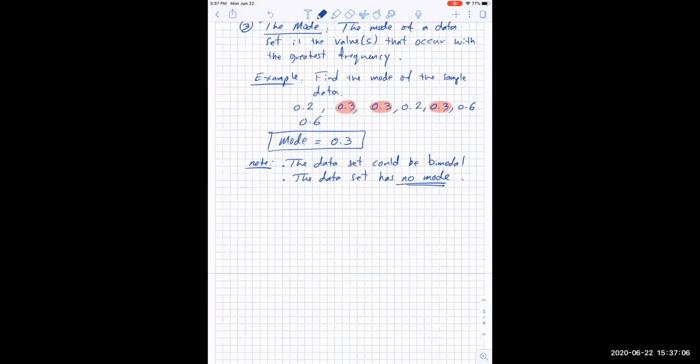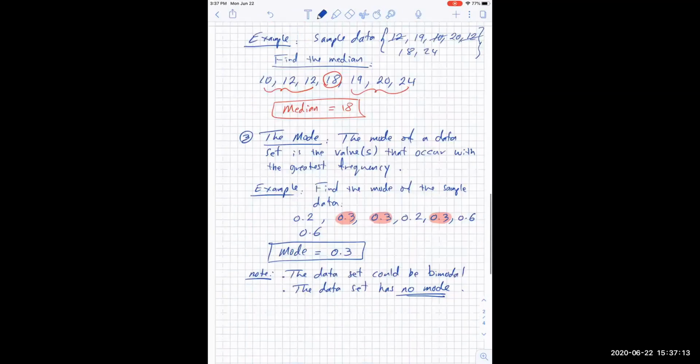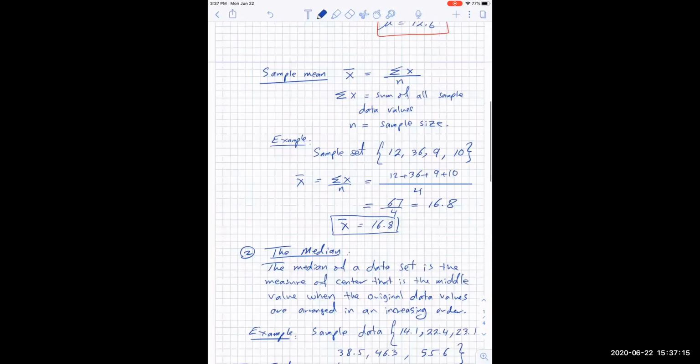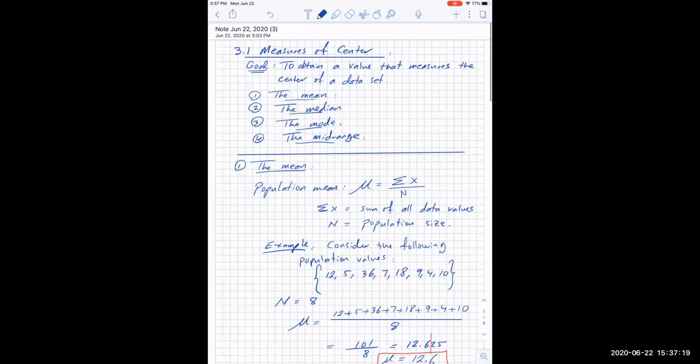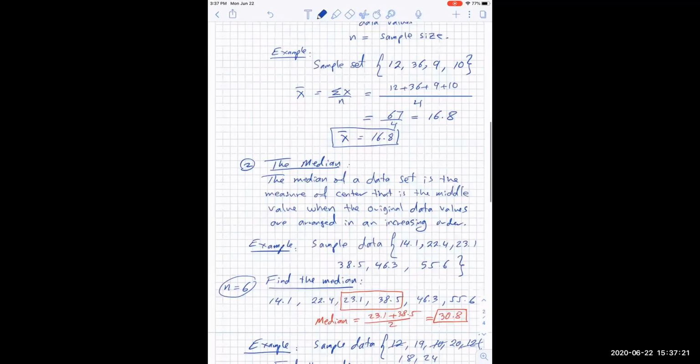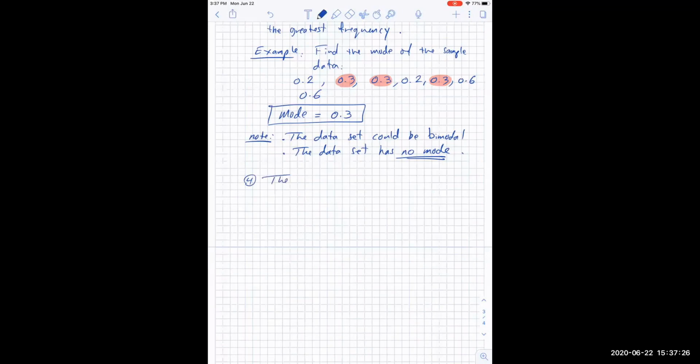Okay. The last measure of center that we're going to discuss, I think we talked about the mode, the median, is number 4, the mid-range.